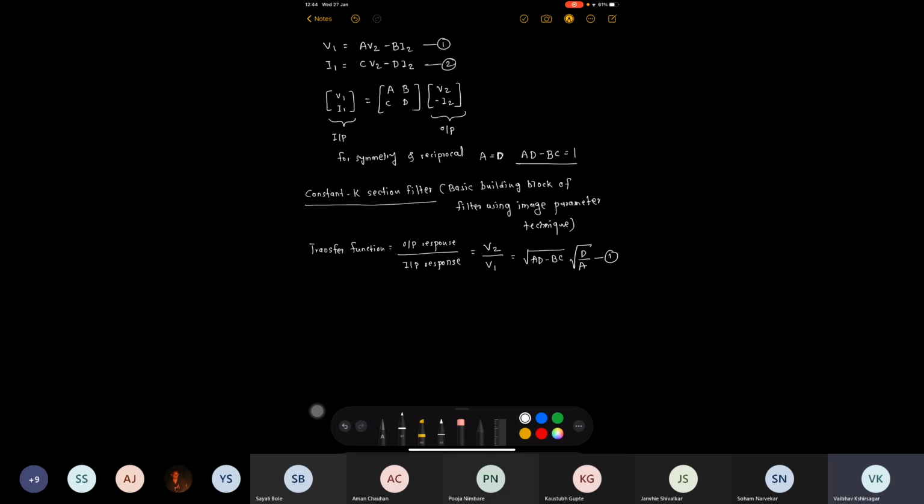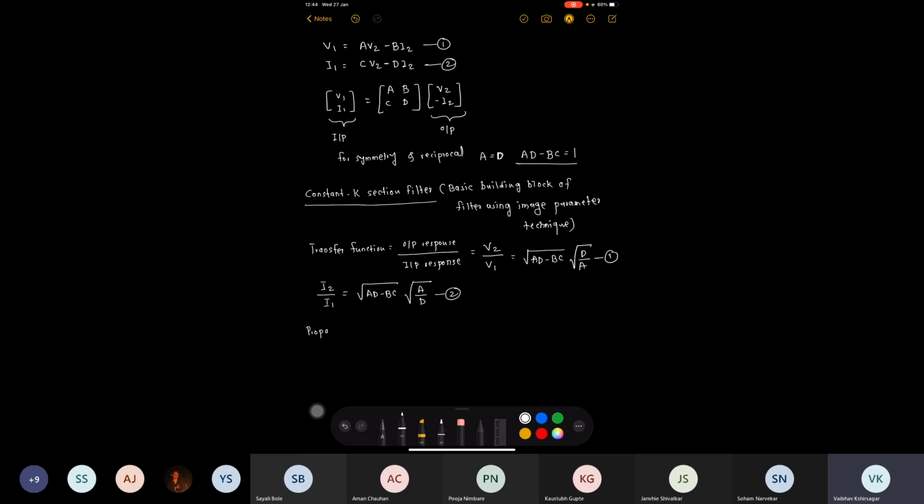And similarly, the transfer function, when it is represented as the ratio I2 divided by I1, can be written again as the same AD minus BC into another square root of A by D. Call this equation number 2. And how is the propagation constant given?